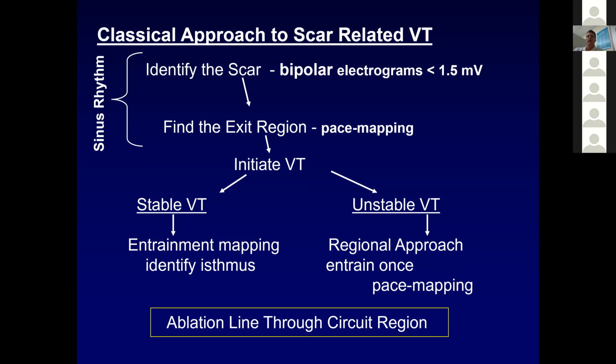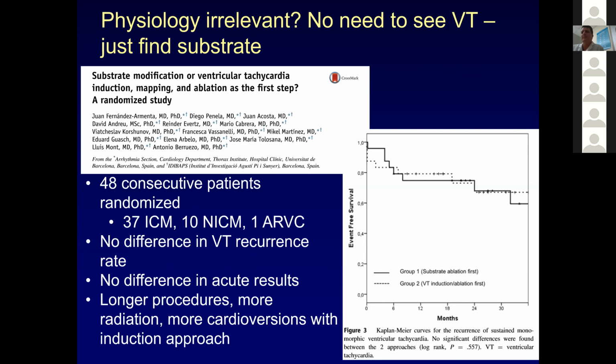And then we would ablate, perhaps just a small line through that circuit. But it turns out the outcomes may not be any better with induction. It's really a probabilistic approach to determining an endpoint, and it doesn't necessarily mean you're going to be any more successful. And so perhaps we'd be better off just identifying substrate and targeting that.